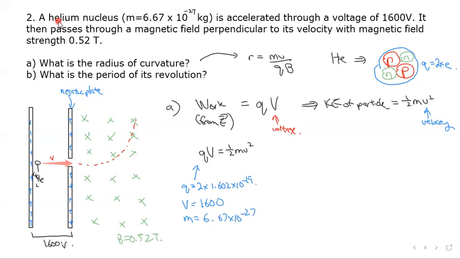So v squared would equal 2qV over m. And that's 2 times 1.602 times 10 to the negative 19 times 1,600 over m.